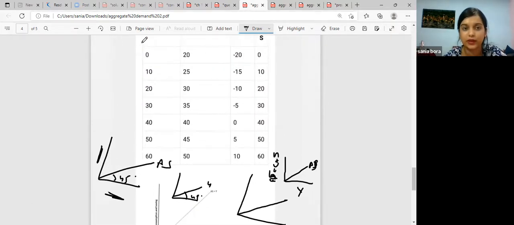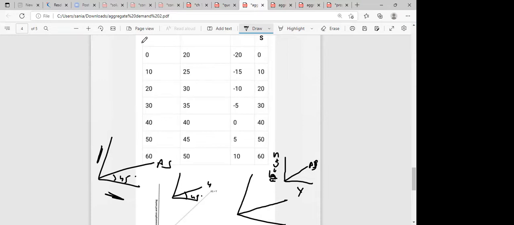Yes, ma'am. So quickly draw it. What will be the x-axis and y-axis labels? This is your x-axis, so the x-axis is your income. And over the y-axis, this is your AS, which you will write as AS equals C plus S. Clear? Got it. Okay.